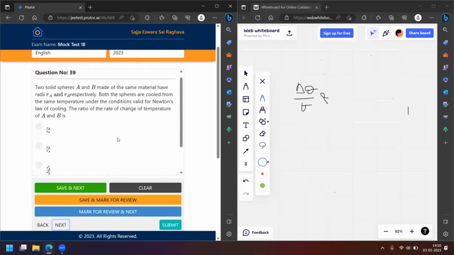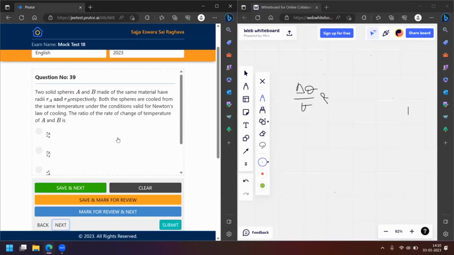It's given that two solid spheres are made of the same material, same radius, and are cooled at the same temperature. The ratio of rate of temperature drop of A and B. So this we have to write down.